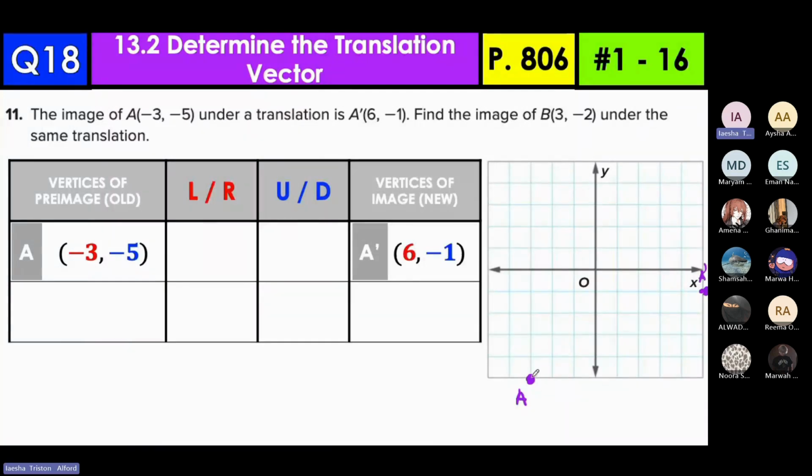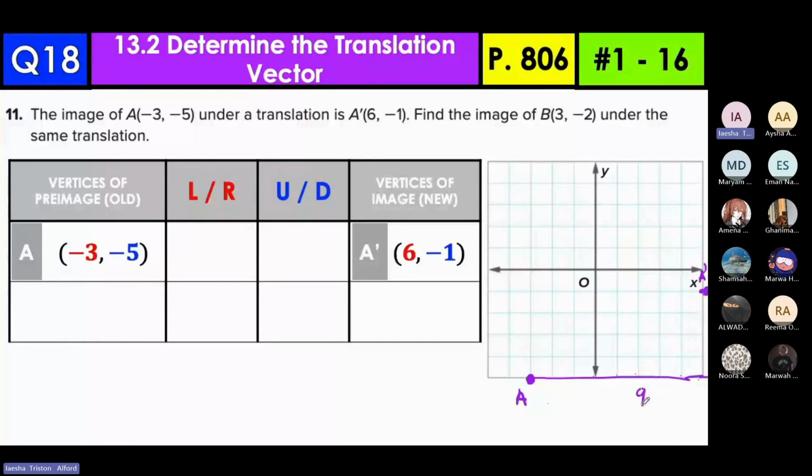So how can I get from A to A prime? Am I going left or right to get there? Right. Right, how many? 1, 2, 3, 4, 5, 6, 7, 8. Remember, I went one more.